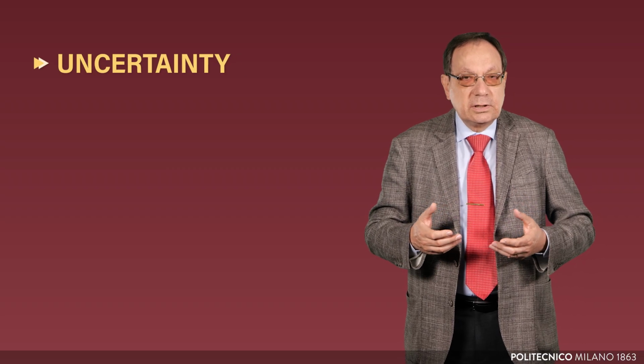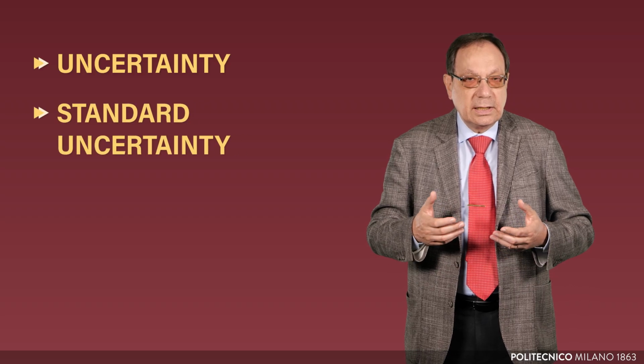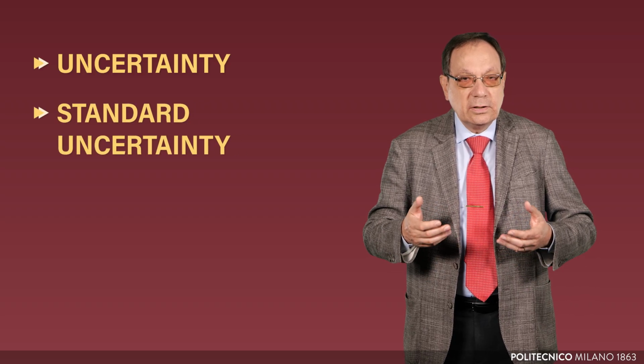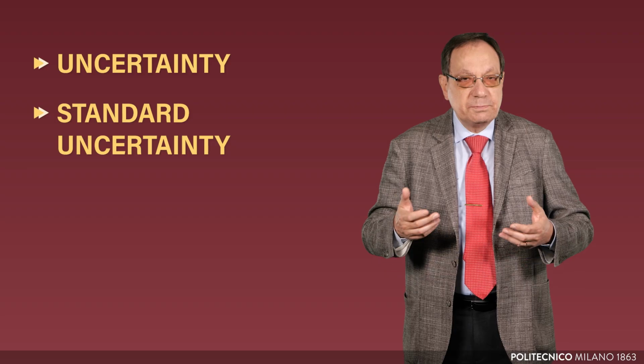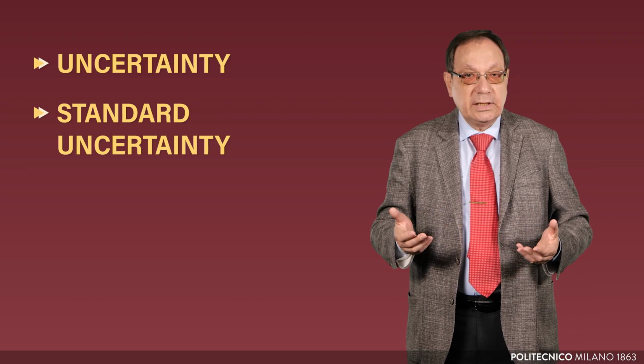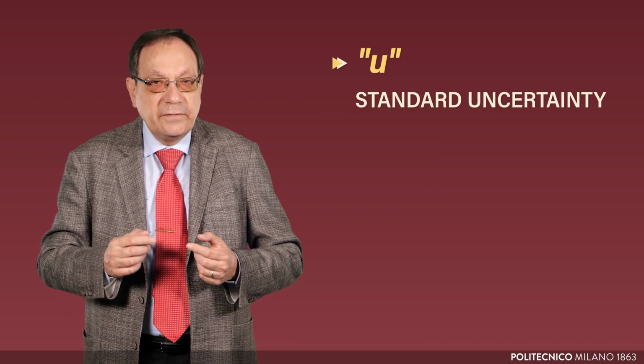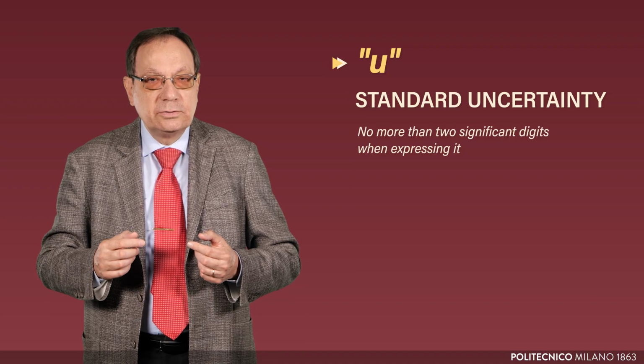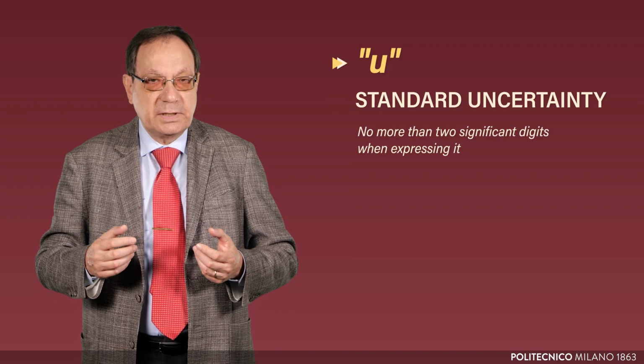This gives what the GUM defines as the standard uncertainty, that is, the uncertainty of the result of a measurement expressed as a standard deviation. Note that the GUM recommends using the lowercase letter u for the standard uncertainty and advises not to use more than 2 significant digits when expressing it.